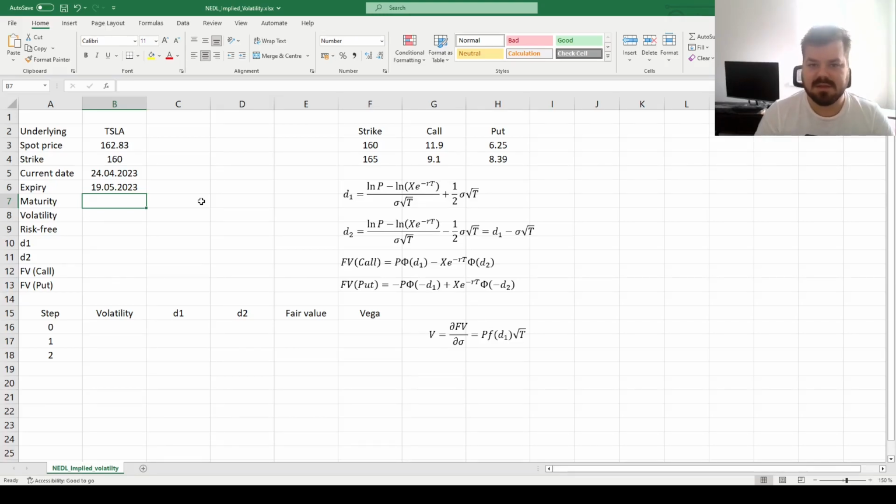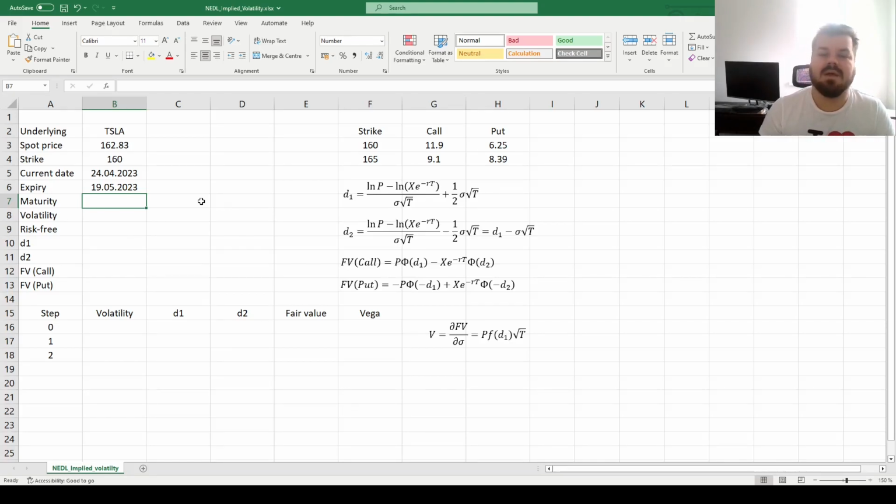We all know that the Black-Scholes model can be used to extract the fair value of either a call or a put option based on the current price of the underlying, the strike price, the risk-free rate, the maturity of the option, and the volatility of the underlying. Most of the time, everything except the volatility of the underlying is directly observable.